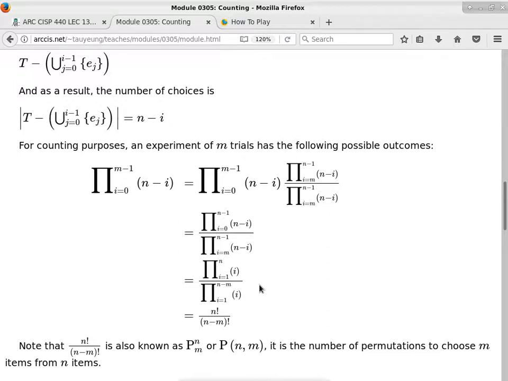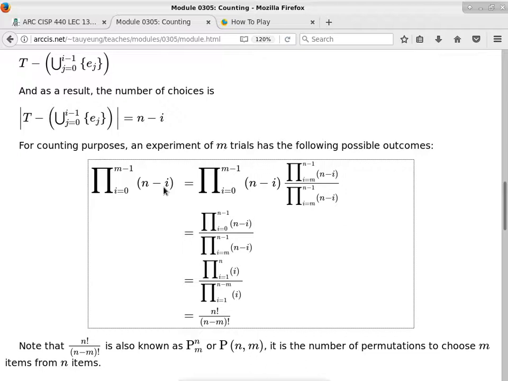Okay. All right. So this part here has to do with the derivation. We start with this number, and we're just concentrating on the cardinality in this case. We're not concentrating on the actual outcome. We're concentrating on the cardinality of the outcome set.